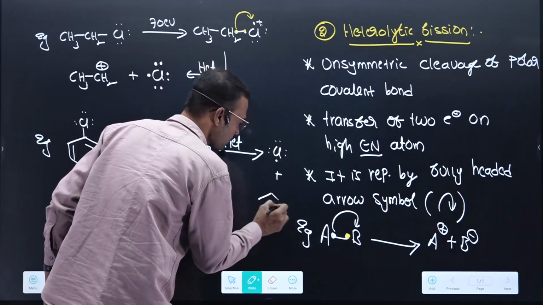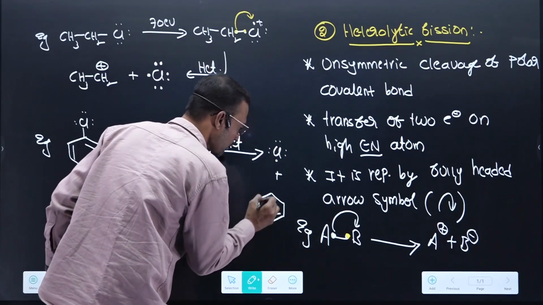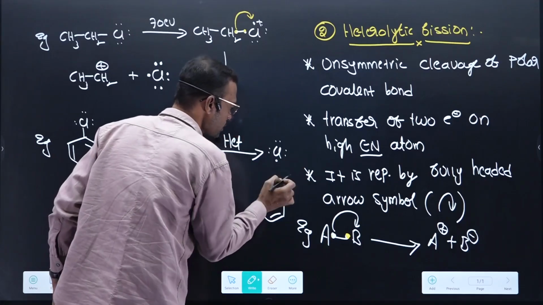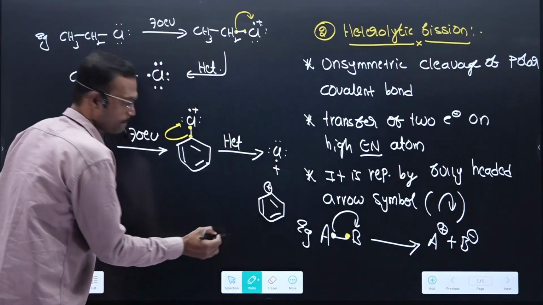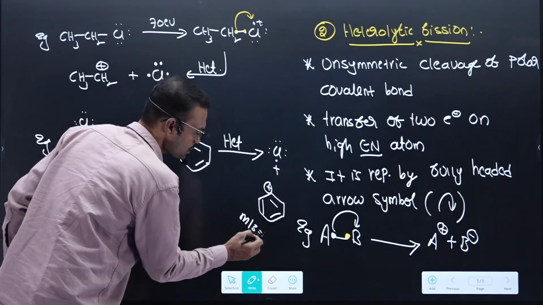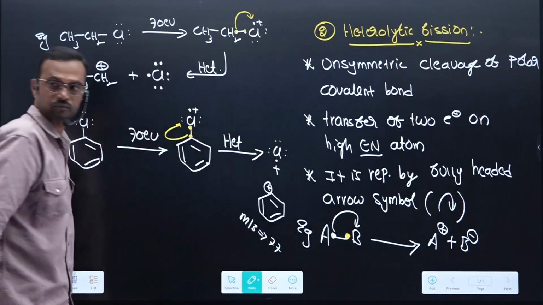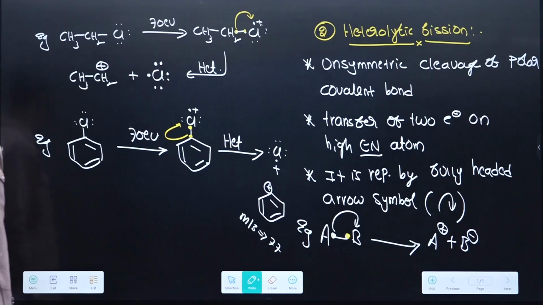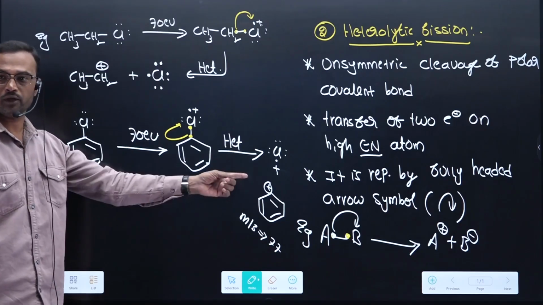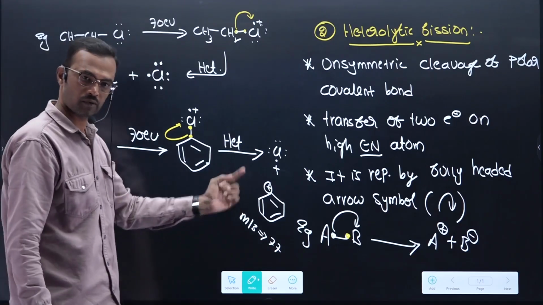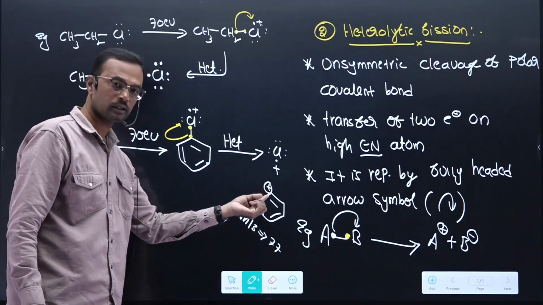And benzene is removed as a cation. So what is the m/z value of this one? The m/z value is 77. Benzene is 78. One hydrogen is not there. If hydrogen is there, 78. If hydrogen is not there, 77.